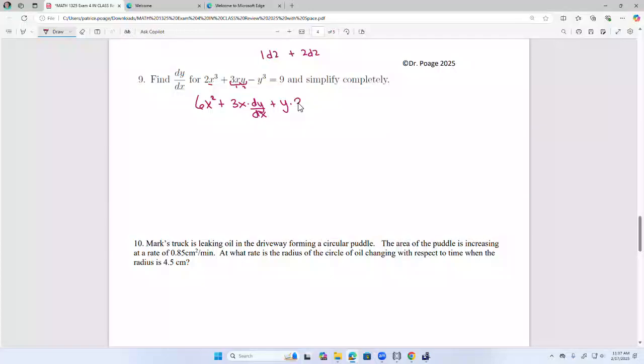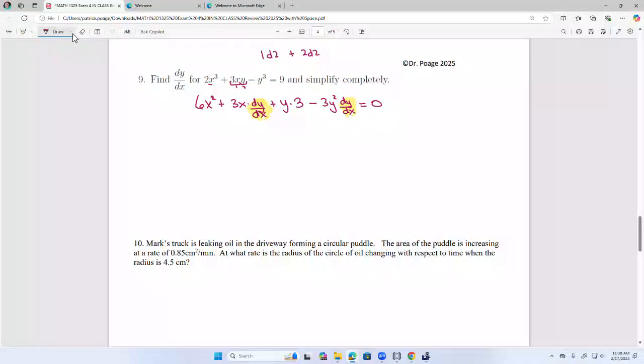The derivative of 3x is 3. Minus the derivative of y cubed is 3y squared, and I just took the derivative of y with respect to x. Equals the derivative of 9 is 0. So there's my calculus step. Now I need to do some algebra in order to solve for dy dx. And I have 2 dy dx terms. They're both on the left side.